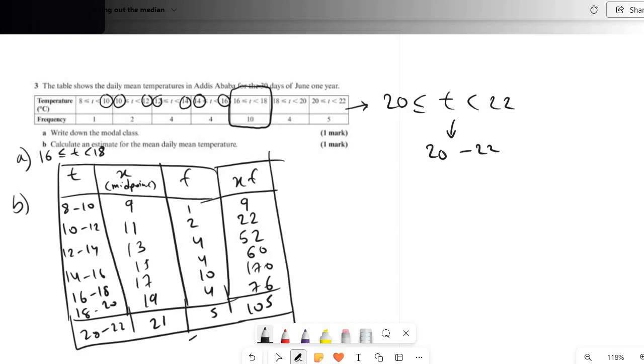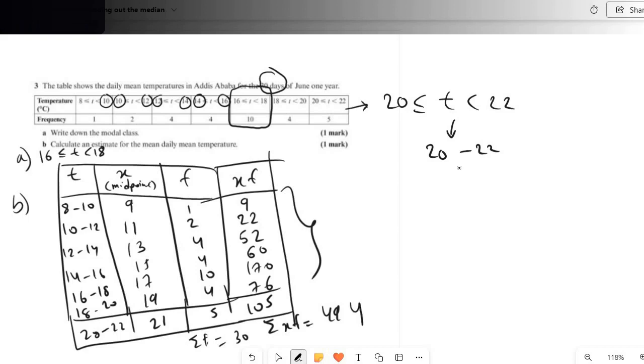So the summation of F is going to be equals to all of this, which is 30, because as they have already said that there were 30 days of June. And similarly the summation of XF is going to give us 494, adding all of this together.